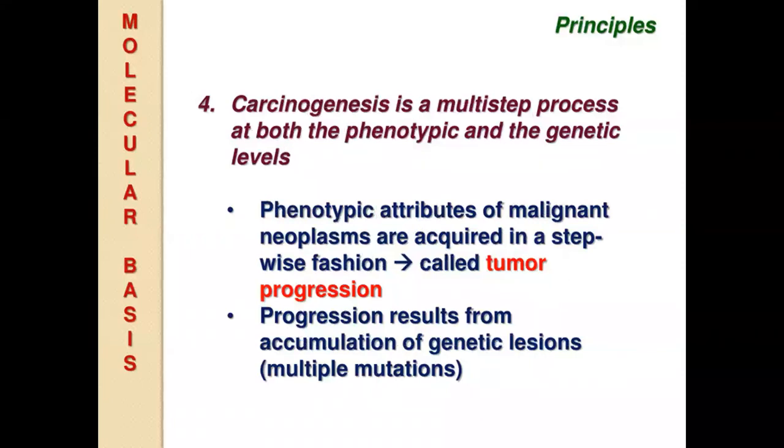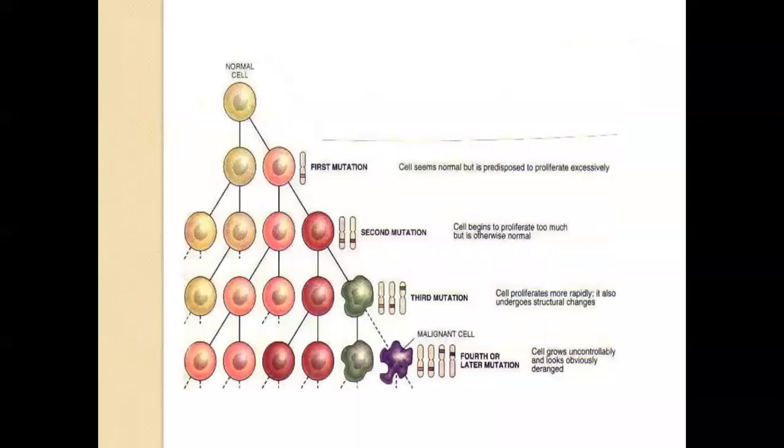Carcinogenesis is a multi-step process at both the phenotypic and genetic level. The phenotypic attributes of the malignant neoplasm are acquired in a stepwise fashion called tumor progression, and the progression results from accumulation of genetic lesions, meaning multiple mutations.